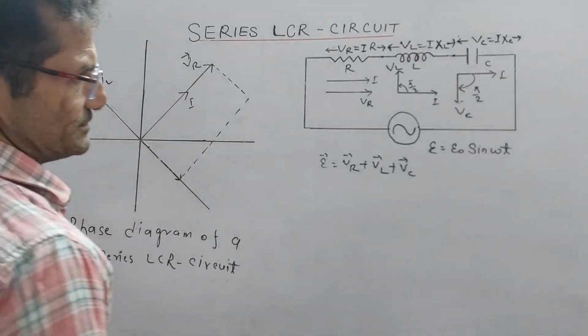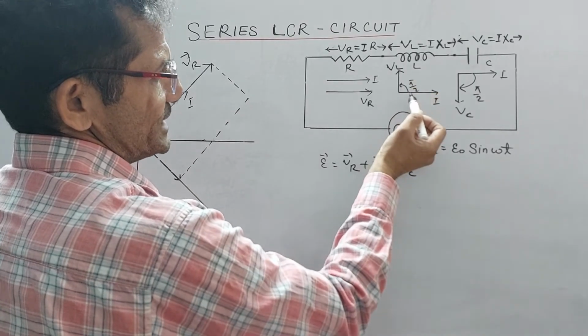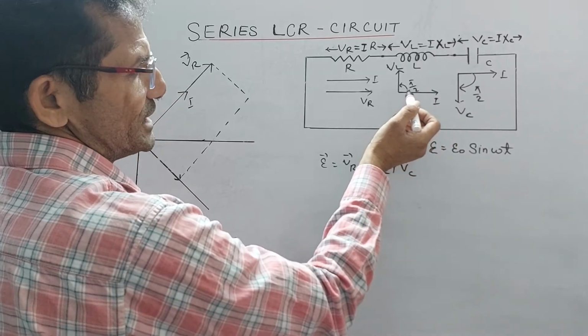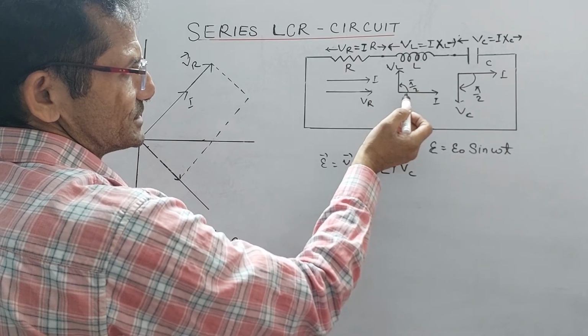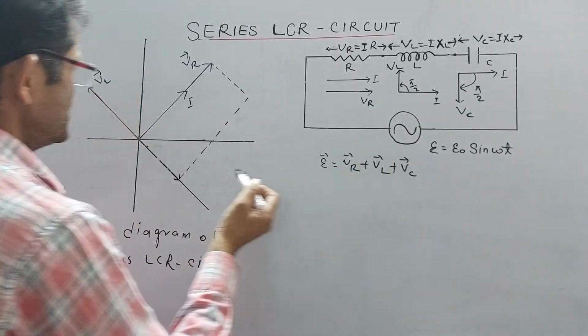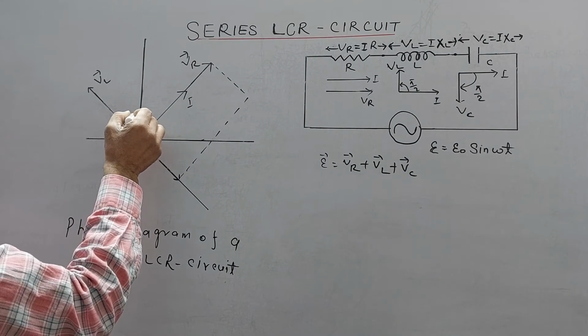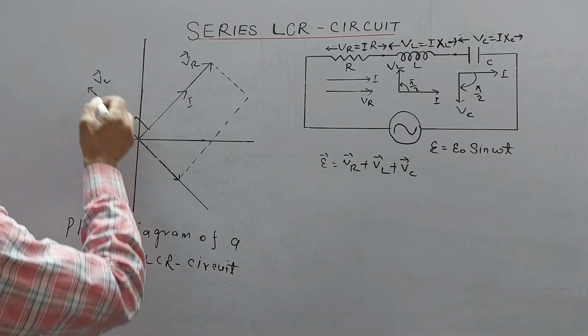We already know that VL is ahead of I by an angle of pi by 2, in the anti-clockwise direction. Therefore, this is making an angle of 90 degrees. We generally represent this with a square at this place, and this is your VL.